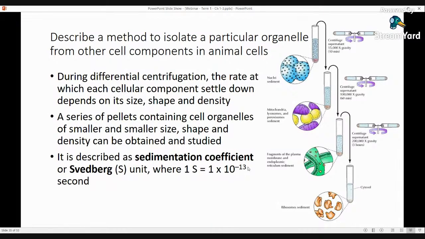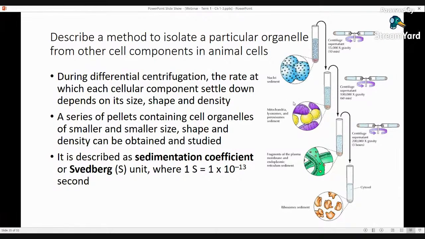So a series of pellets containing cell organelles of smaller and smaller size, shape, and density can be obtained and studied. Through a series of centrifugations, we can obtain different types of pellets.